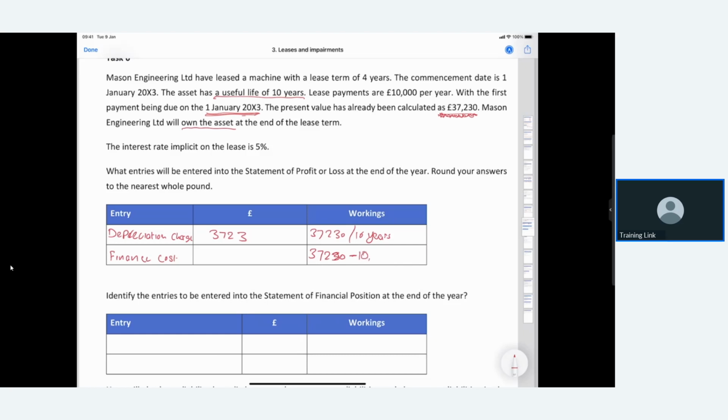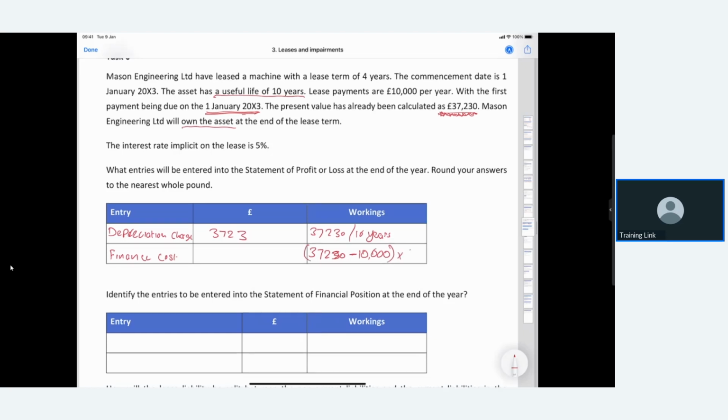We don't want to be charged interest on what we've already paid. And then multiplied by 5%, because that is your interest rate. And that comes to 1,362.